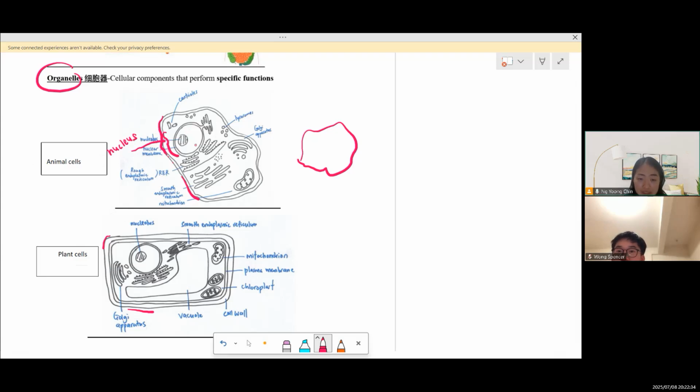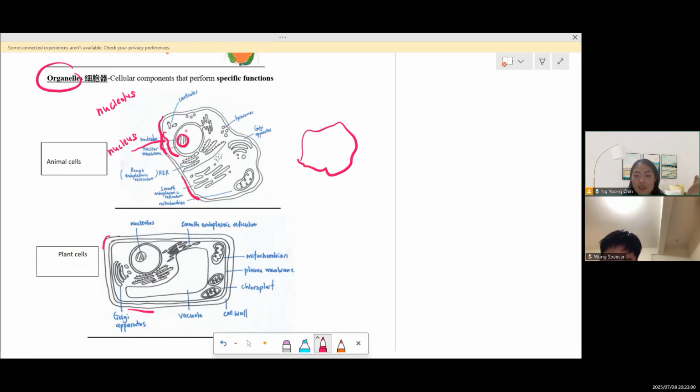So inside the nucleus, they do have the nucleolus. This one, nucleolus, is spelled this way. The nucleolus is just like the egg yolk inside the egg, found inside the nucleus.